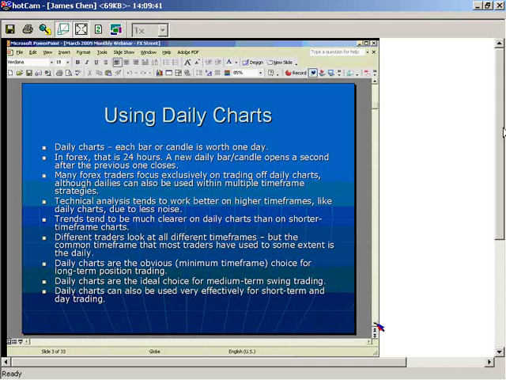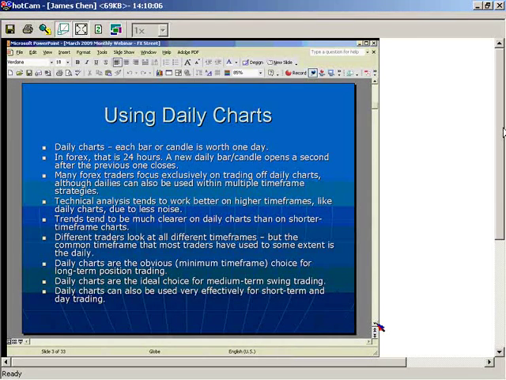Now, different traders look at all different time frames, but the common time frame that most traders have used to some extent is the daily. If, for example, let's take the weekly chart. You ask the typical Forex trader, have you ever traded off the weekly chart? Some will say yes, and a few may say that's their main time frame to trade, but very few.